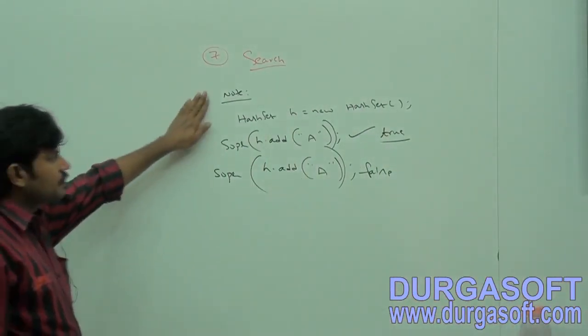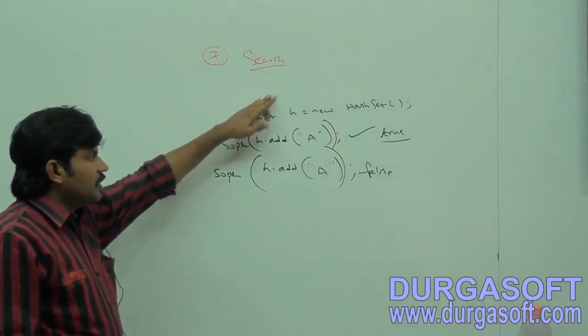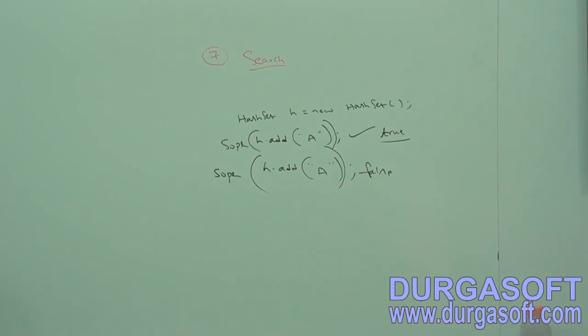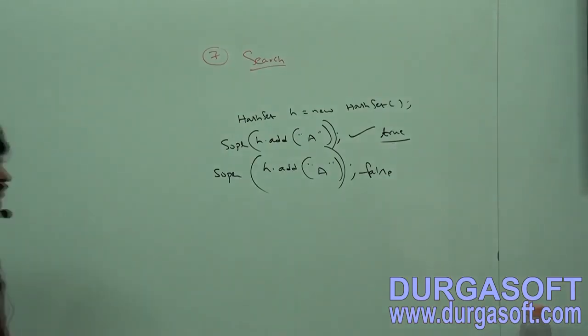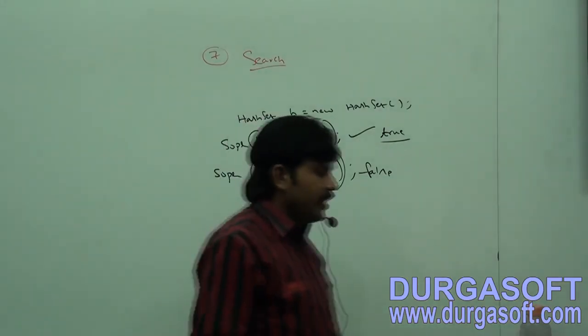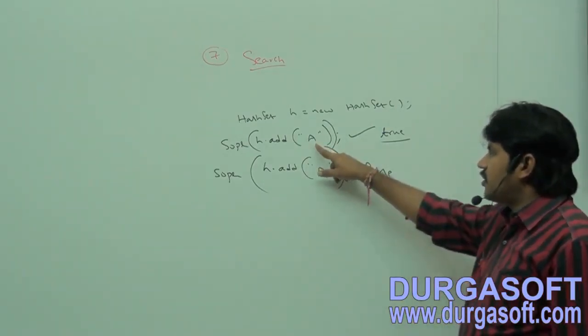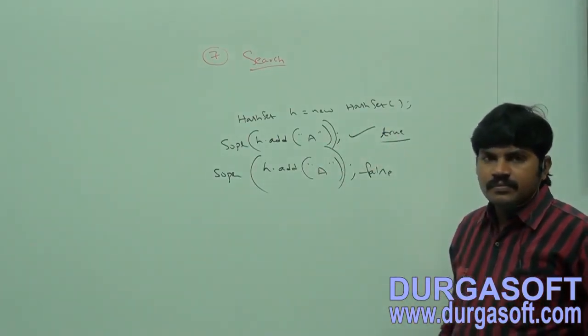Example: HashSet h is equal to new HashSet. SOP of h.add of a. The first one is not a duplicate because we are inserting a the first time, so true is the answer.